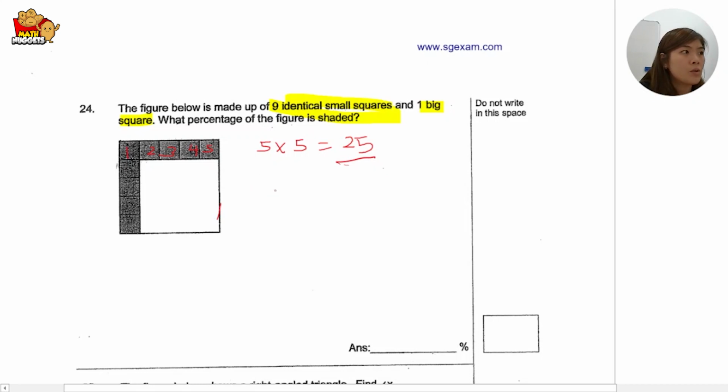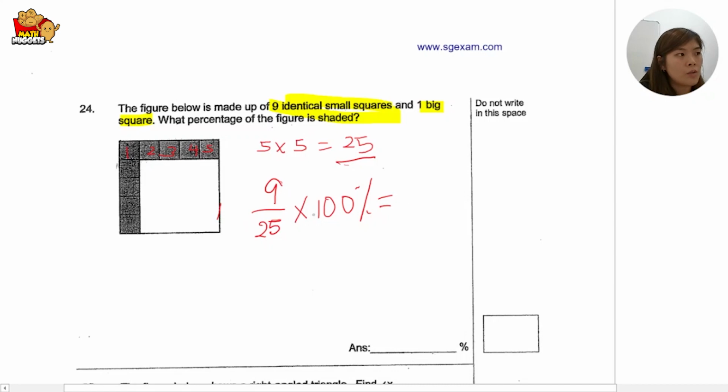Okay, so 9 identical small squares, correct? So in total here we have 9: 5, 6, 7, 8, 9. So 9/25 are shaded. For the percentage, multiply by 100%.